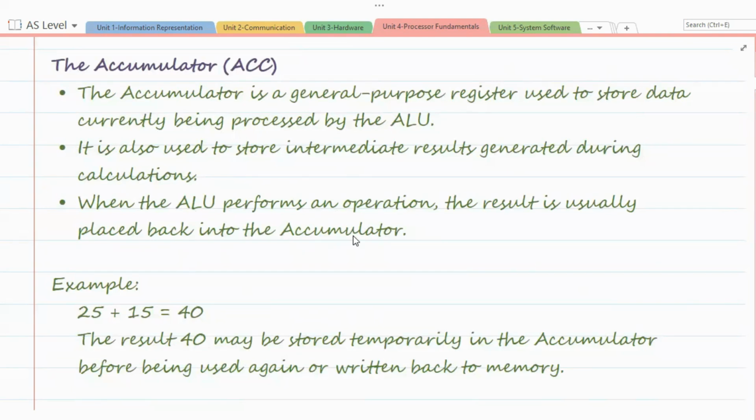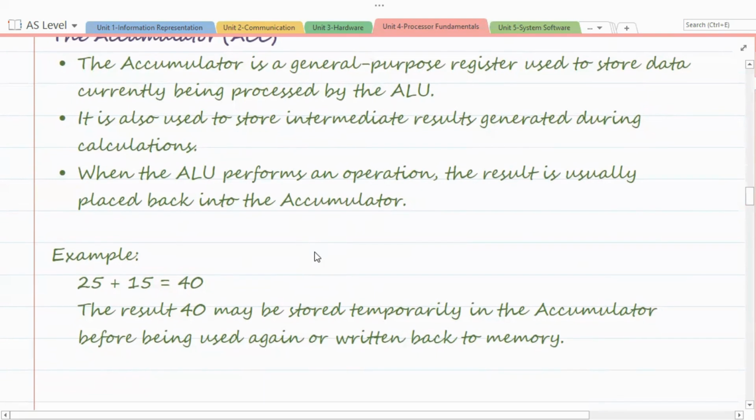Suppose the CPU needs to calculate 25 plus 15 and the result is 40. This result 40 may be stored temporarily and can be used in some next instruction during the calculation. Even 25 is loaded, 15 is loaded. So all this data is temporarily stored and kept in the accumulator.